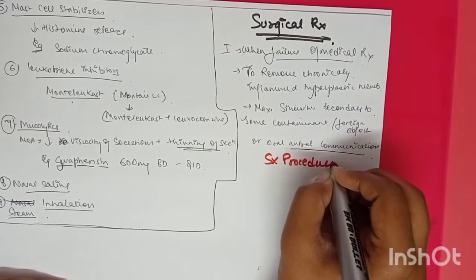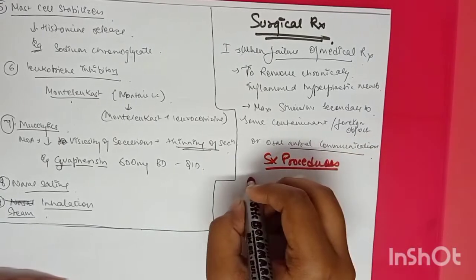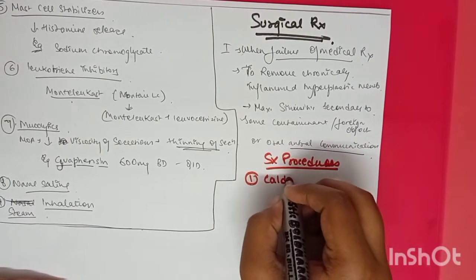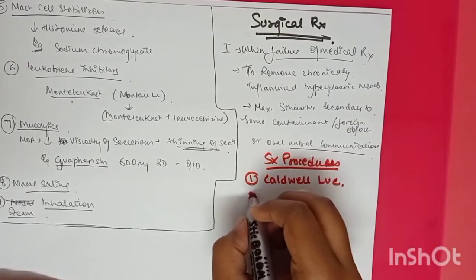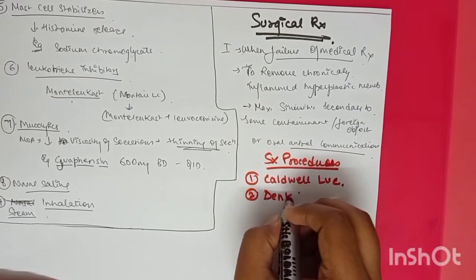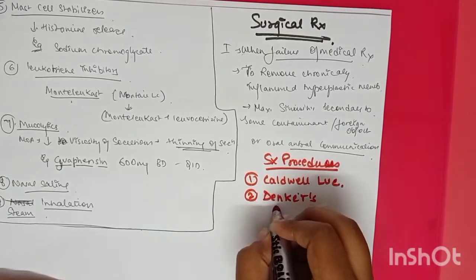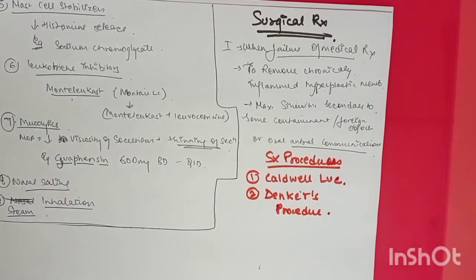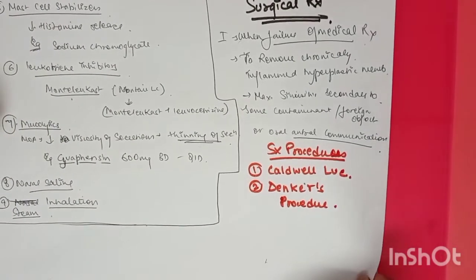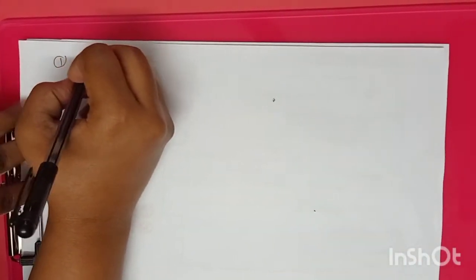The surgical procedures which we can do are, first is the Caldwell-Luc procedure, and the second one is the Denker's procedure. Let's study about them. First is the Caldwell-Luc procedure.